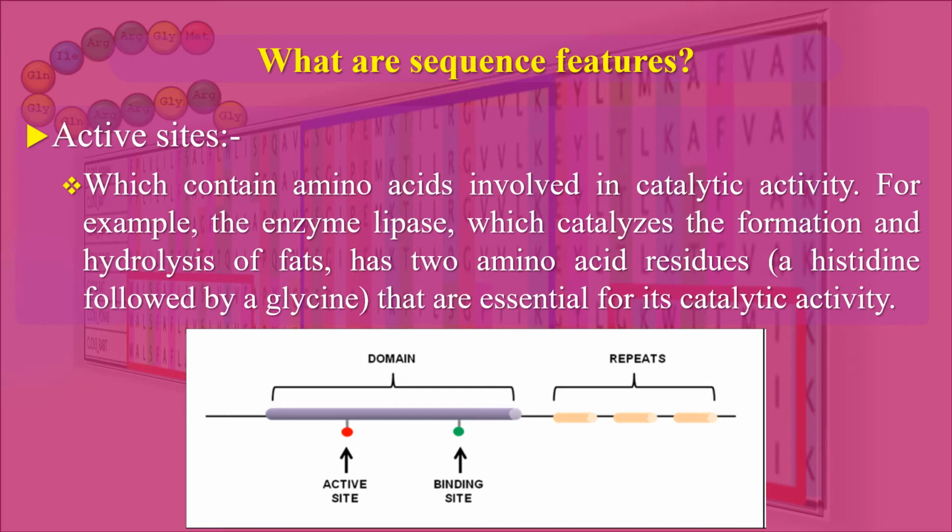What are sequence features? Active site, which contains amino acids involved in catalytic activity. For example, the enzyme lipase, which catalyzes the formation and hydrolysis of fats, has 2 amino acid residues, histidine followed by glycine, that are essential for the catalytic activity.